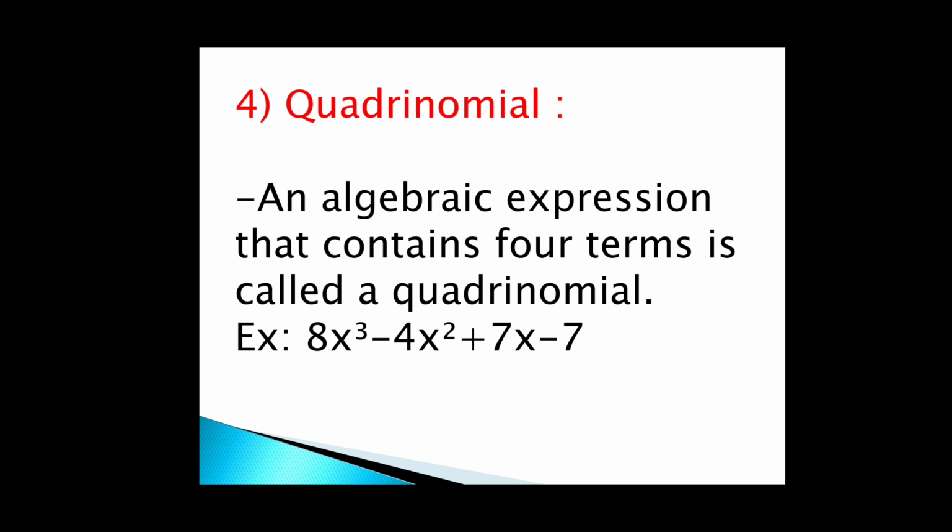Now, what is this quadrinomial? Quadra means 4. So an algebraic expression which has 4 terms is called a quadrinomial. See children, 8x cube is one term, 4x square is one term, 7x is one term, and 7 is one term. Always remember, plus and minus separate the terms.